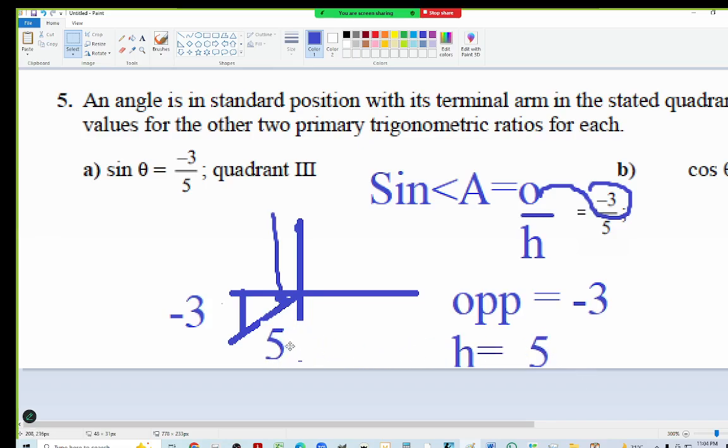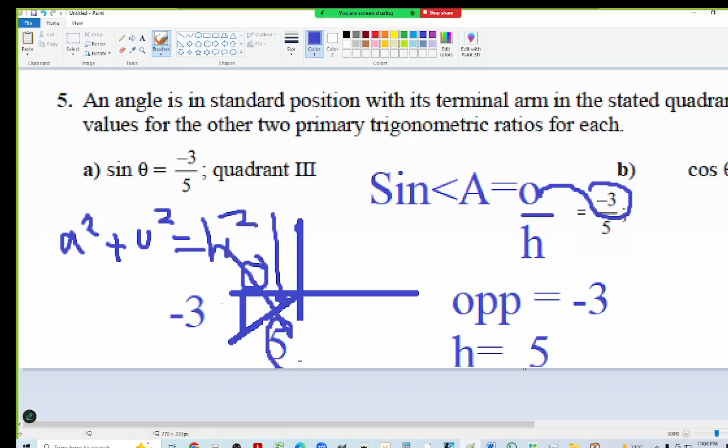What's missing if we have opposite and hypotenuse? The adjacent. And we know adjacent squared plus opposite squared is equal to hypotenuse squared. What's 5 squared? 5 times 5 is 25. So hypotenuse squared is 25. What's -3 squared? -3 times itself.